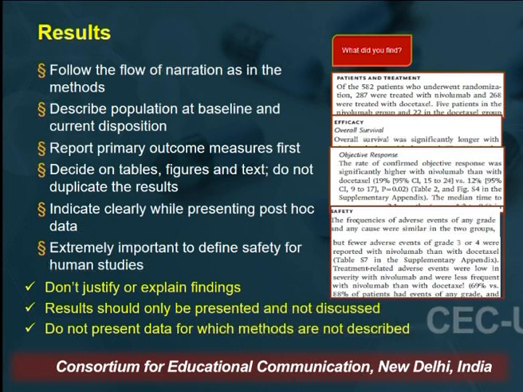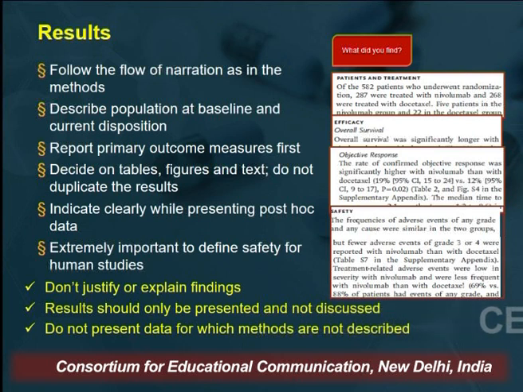Do not present data for which methods are not described. For example, you are not talking about overall survival in your methods section, but you have described the results of overall survival in your results section. That is not the correct way of presenting your results. Whatever you have described in your methods section should be part of your results section, or if you want to have additional results, then the methods section should also describe those outcomes.